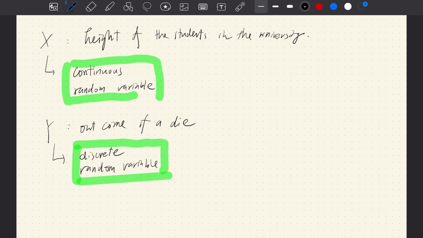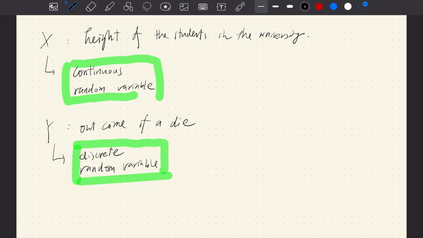Or if you're interested in stocks, then the price of a stock over time is also a continuous random variable, because it is random, it is fluctuating over time, and it is more or less continuous because it is taking a lot of different values within an interval.